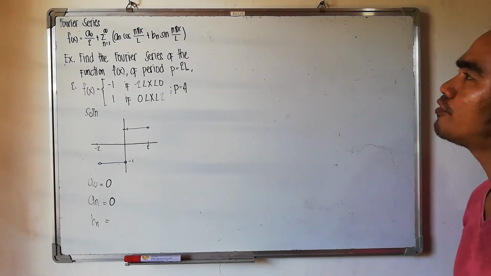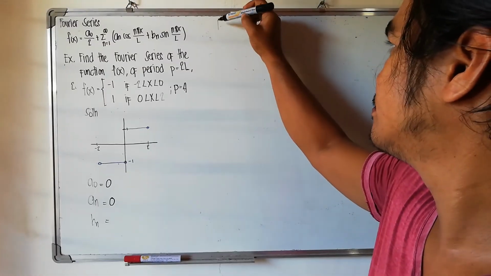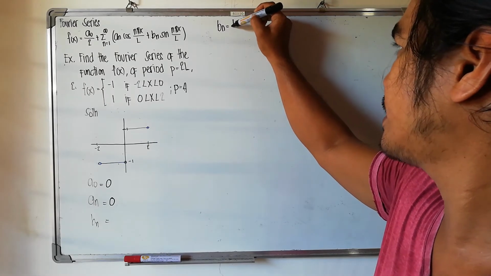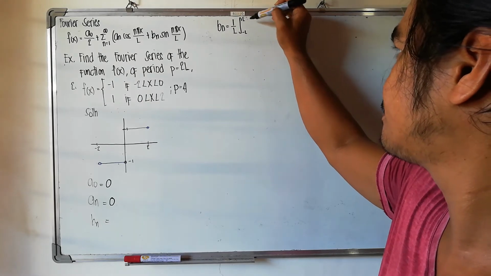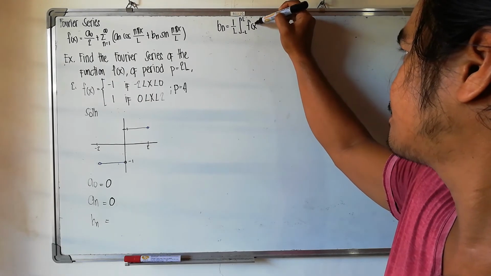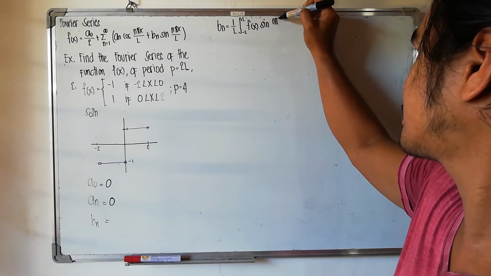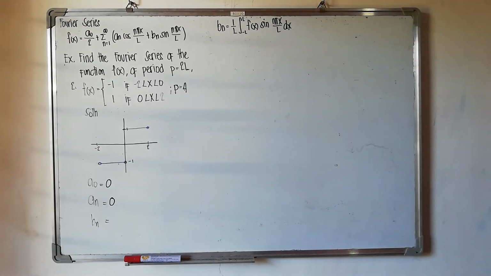Now let us solve for your b sub n. Your b sub n is equal to 1 over L, integral of negative L to L, f of x sine n pi x over L dx.